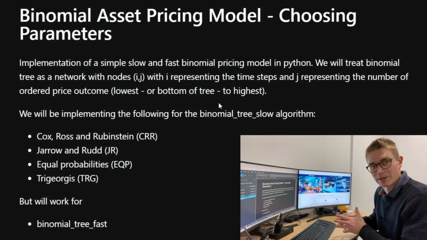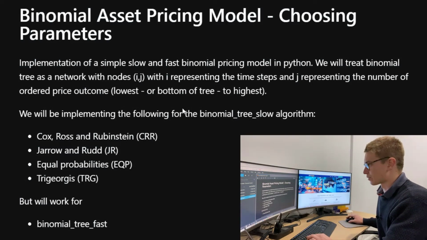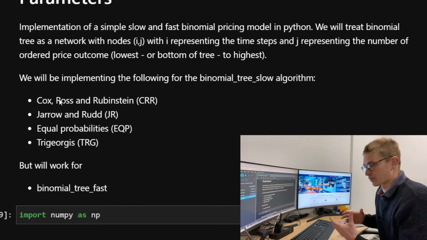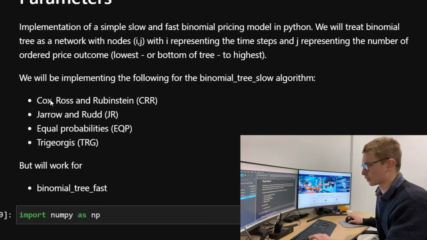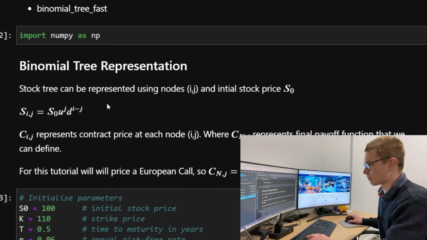So let's now jump into the Python implementation for choosing these parameters. As we've said, we're going to be pricing a European call option, and we're going to use the CRR, JR, EQP and TRG methods for choosing those coefficients, the up and down factors and the probability. So we're going to need the NumPy module, so import that.